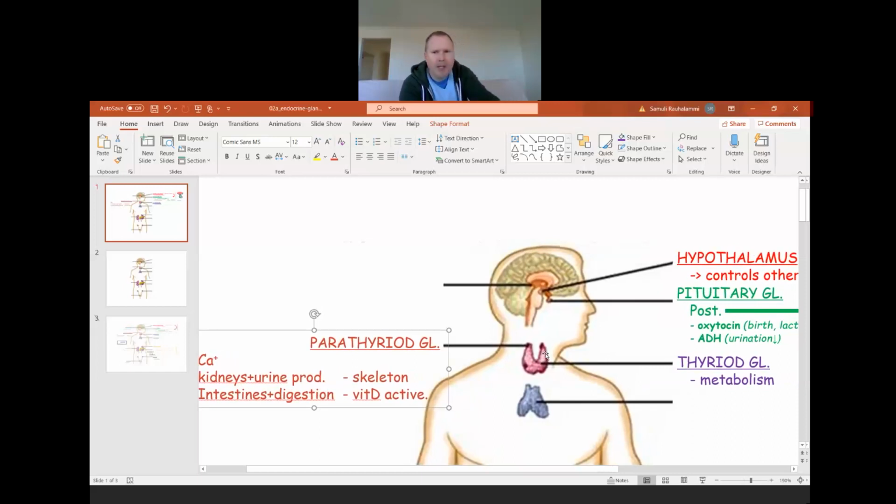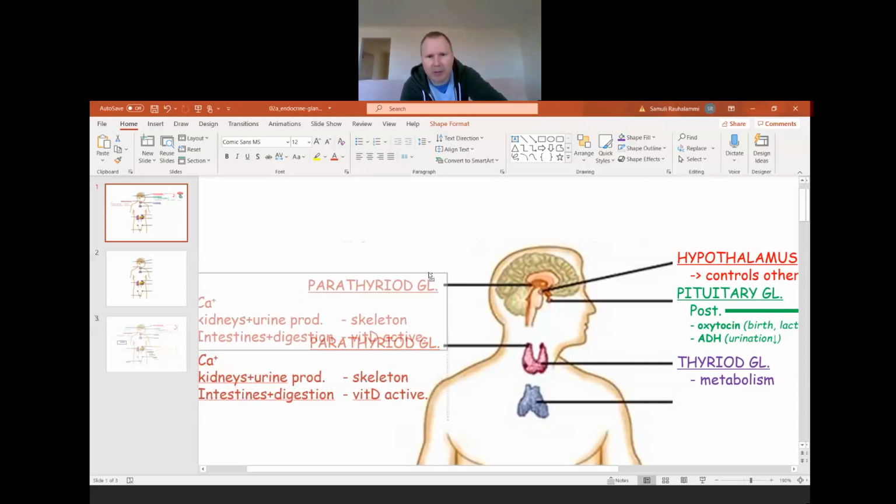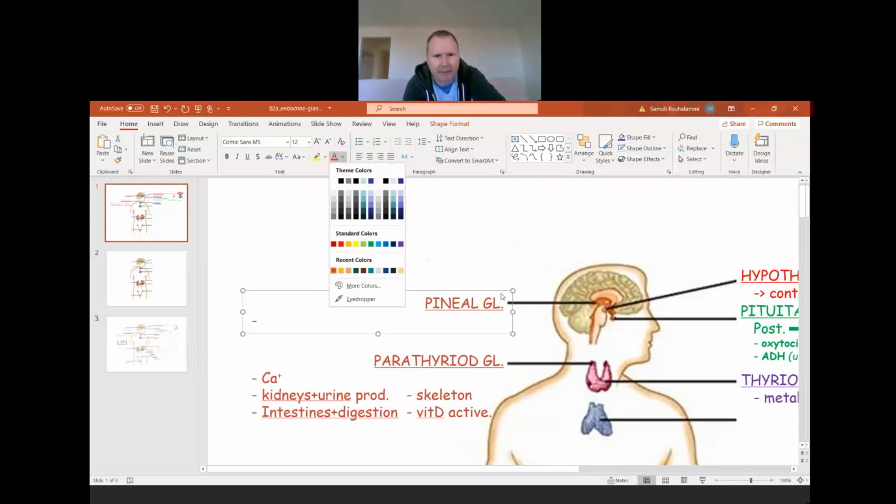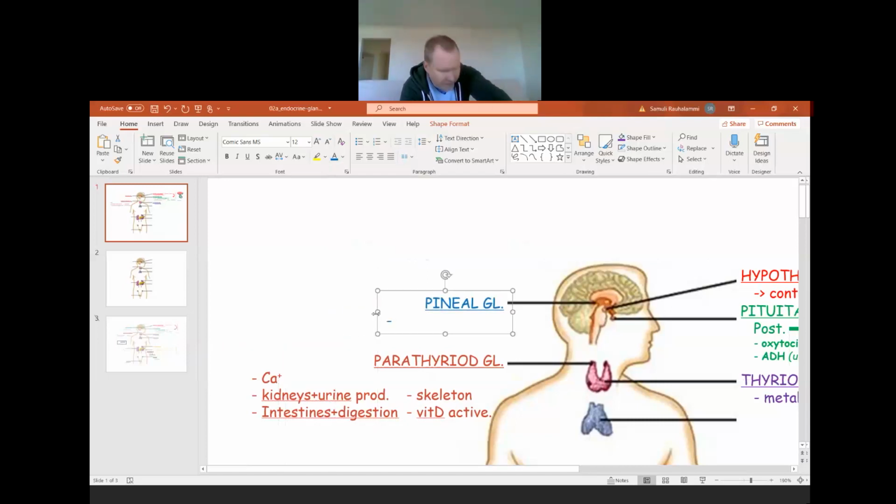The next one that I want to show is actually a tiny gland within the brain, and that's the last gland of the brain that I want to highlight. That's going to be our pineal gland. And what the pineal gland does, and I'm going to give it a different color, it does produce something known as melatonin.